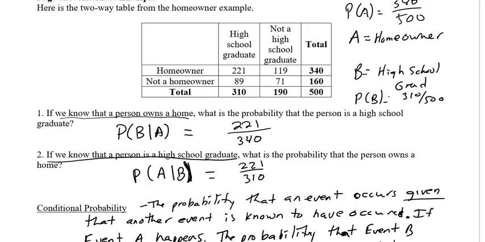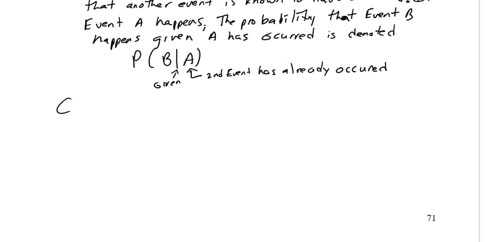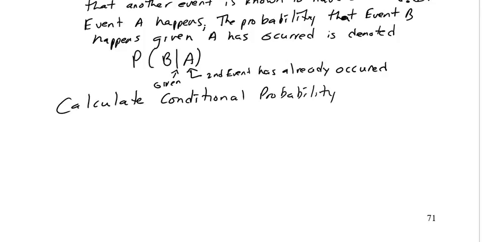And how do we calculate conditional probability? Well, it's this. The probability of A given B is the probability of A and B divided by the probability of B. So these have to match here.